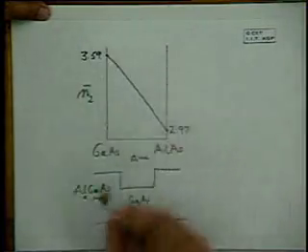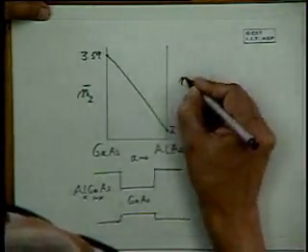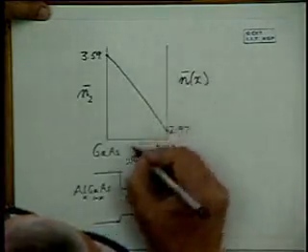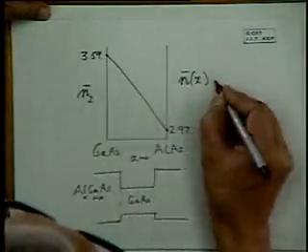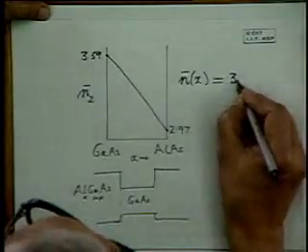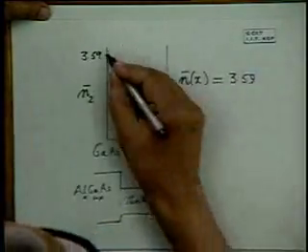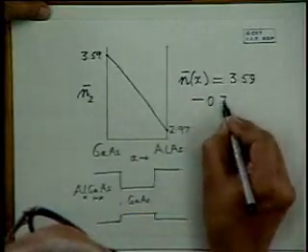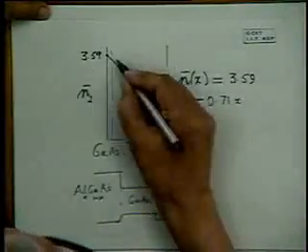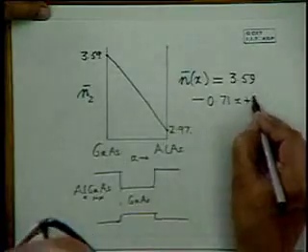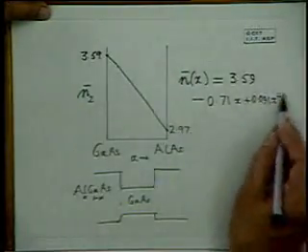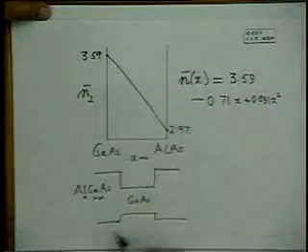This is given by a fairly straightforward empirical expression: n(x) = 3.59 minus a linear term 0.71x, plus a slight bowing term 0.091x squared. This is a minor term, but it's almost linear with respect to x.